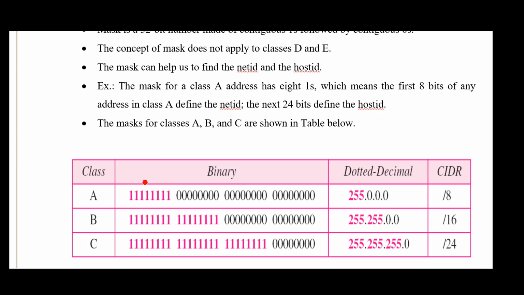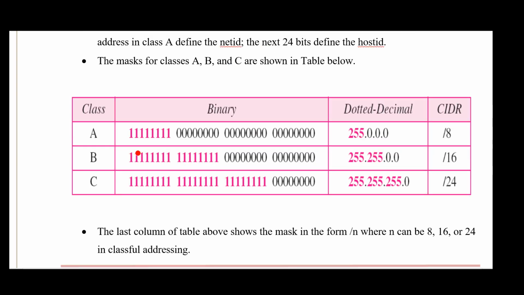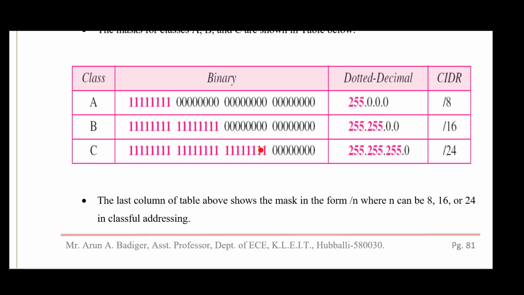That will give us only the network address of class A. Similarly for class B, if I multiply this mask with the IP address, I will get 16 bits of network address. When I multiply with this mask of 24 ones and 8 zeros, I will get a class C network address.